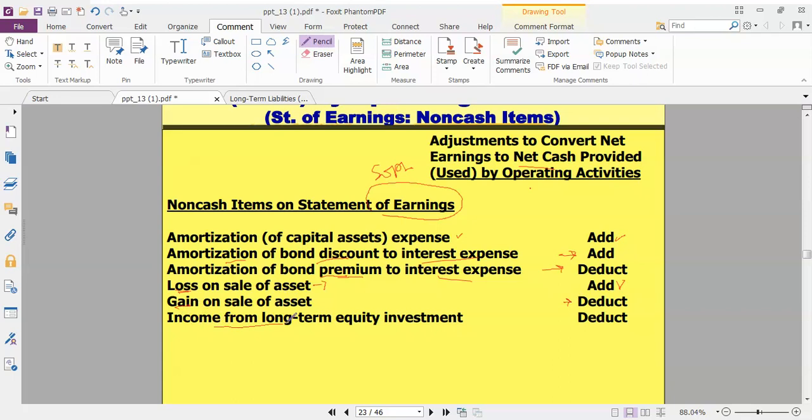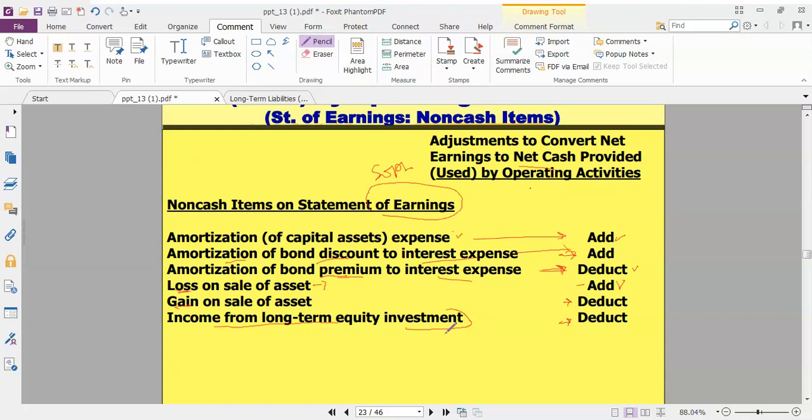When there is income from long-term equity investment, so if you notice here, if there is an expense, you should add on. But if there is revenue, like bond premium interest is revenue, you must deduct. Loss, add on. Gain is revenue, deduct. Income is revenue, so deduct. So whatever item is revenue, you should deduct.